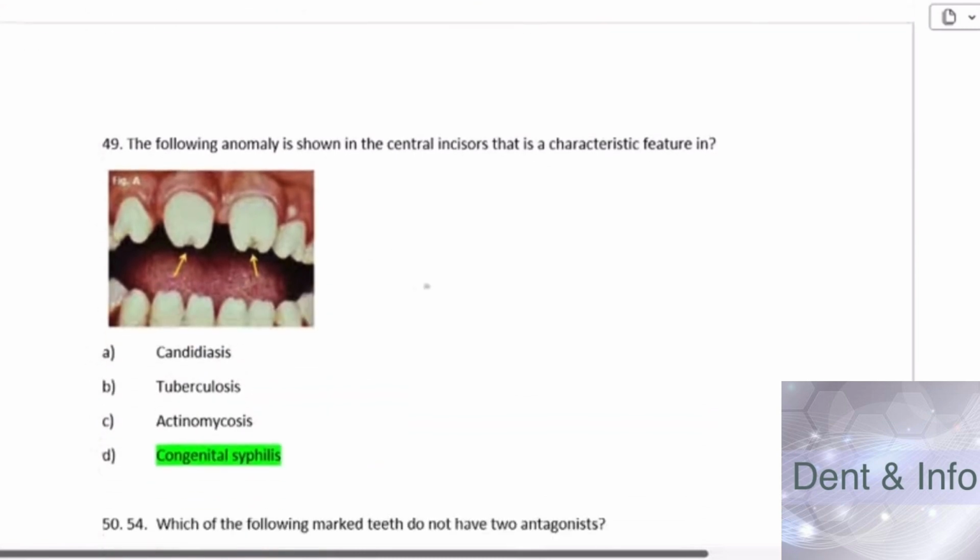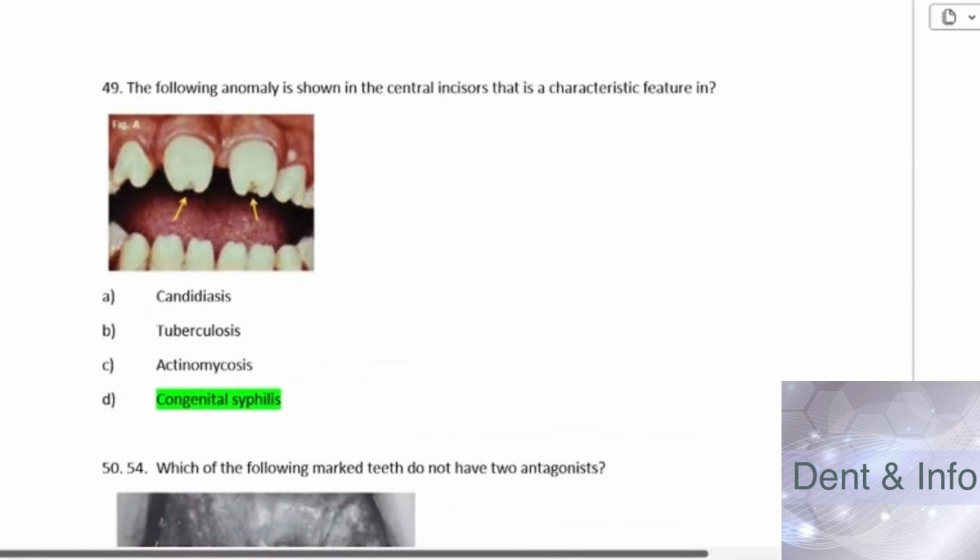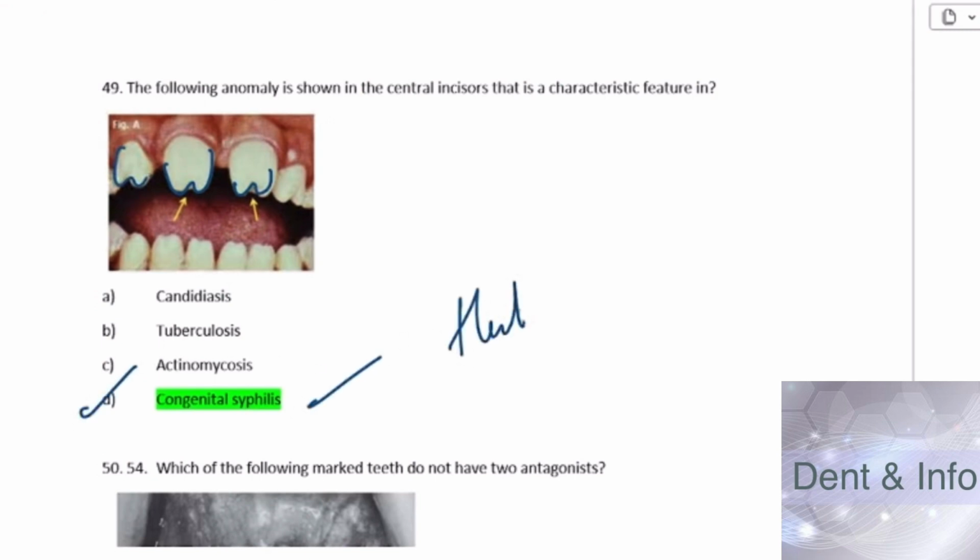Next, the following anomaly shown in the central incisor is a characteristic feature of what? So what are we looking at? The yellow arrows. Incisors, they are notched. So notched incisors, a kind of enamel hypoplasia, are seen in congenital syphilis. Such incisors are also known as Hutchinson's incisors.